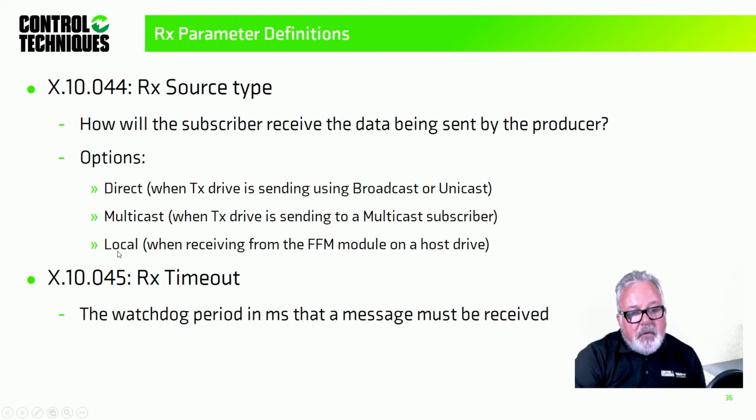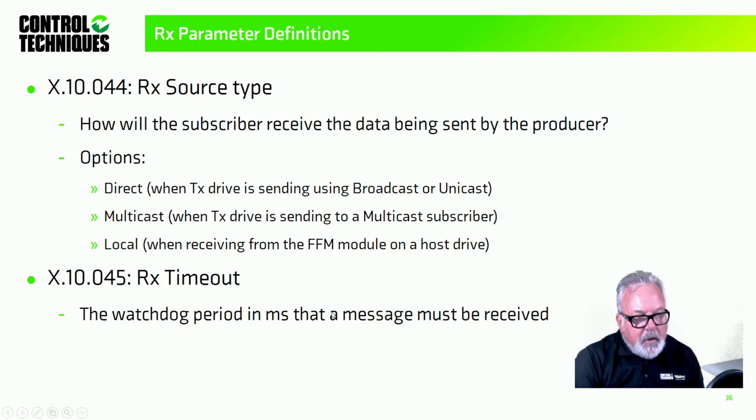And then there's an option for local when I'm receiving from the factory fit module on a host drive. Right? So that's a possibility as well. And then finally, the timeout. This is a watchdog in milliseconds during which a message must be received.